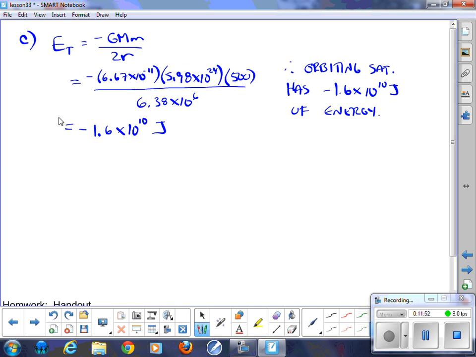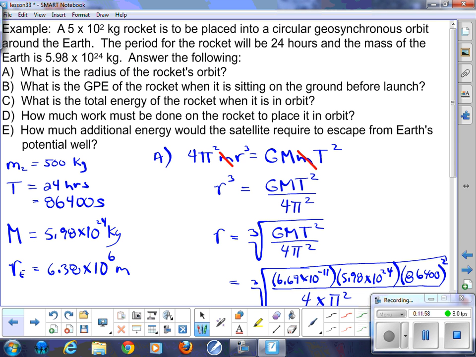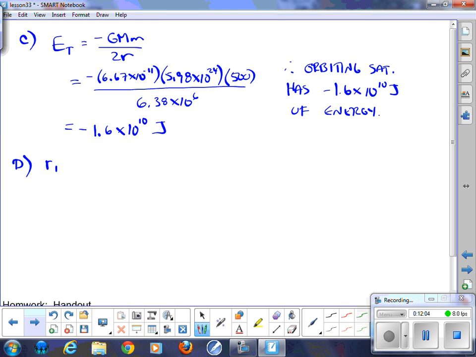D part. How much work must be done to put the rocket in orbit? So it's basically we're moving the rocket from R1 to R2. So that means we are looking for EG equals GMm times 1 over R1 minus 1 over R2.